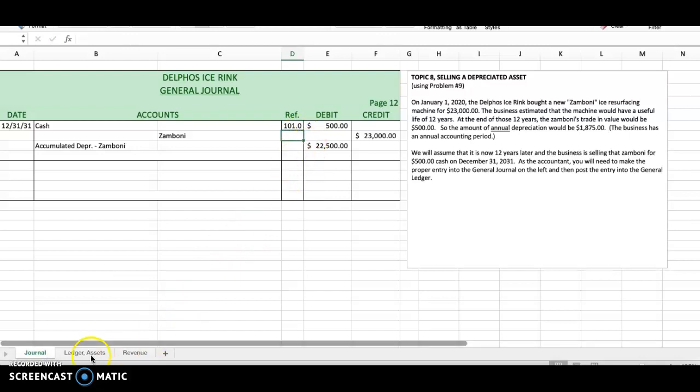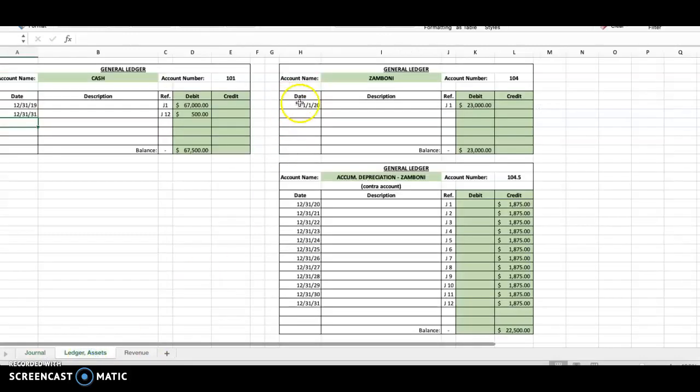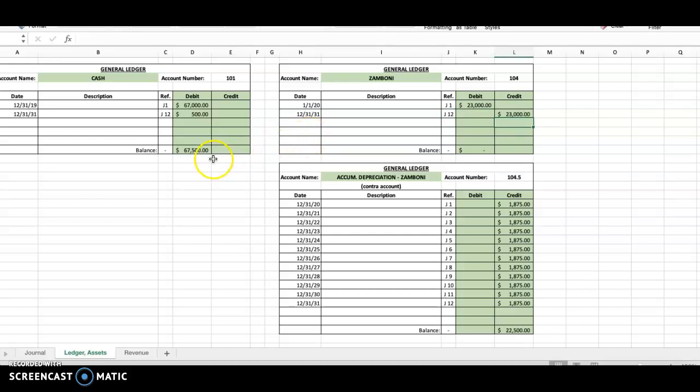Zamboni now is credited by $23,000, as we said. So the date now and the journal page and the credit of $23,000. So obviously now this has been closed. That account has been cleared. It is no longer on the books. We no longer have that Zamboni.